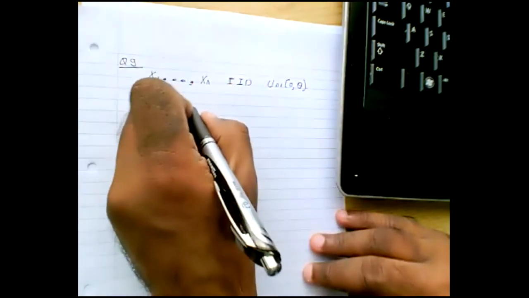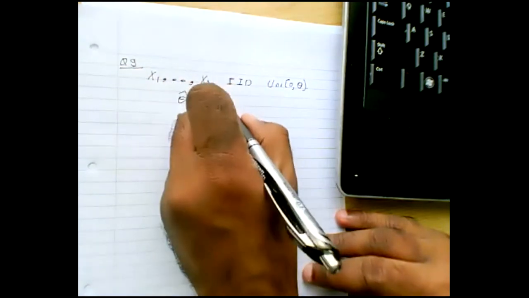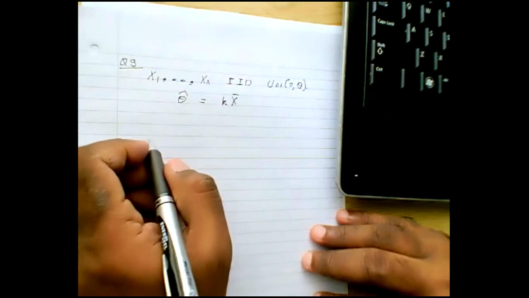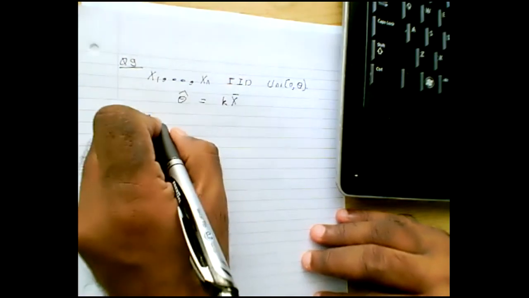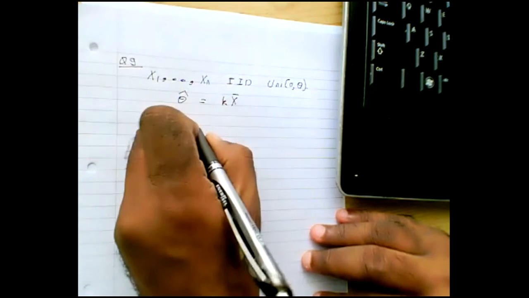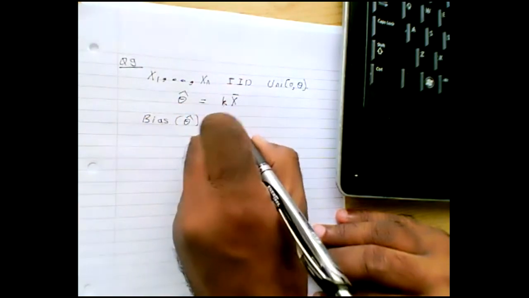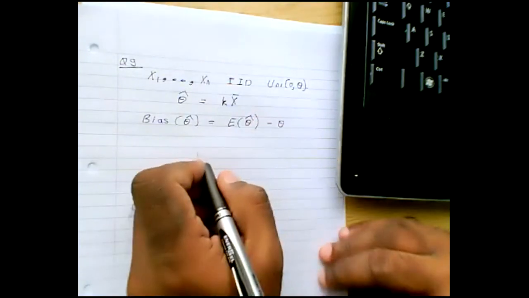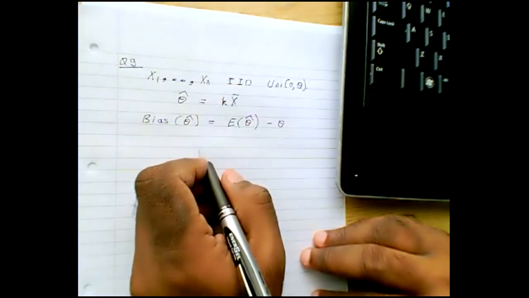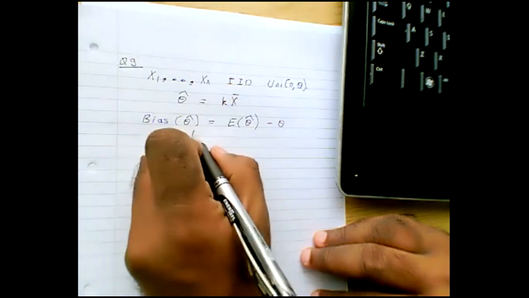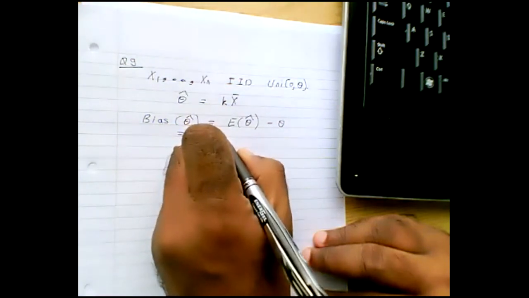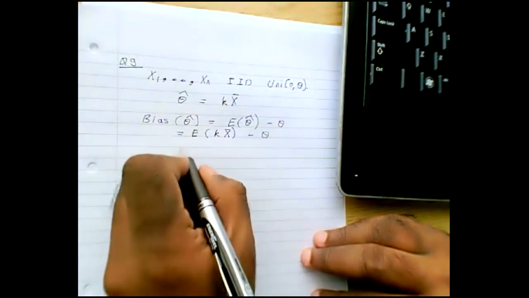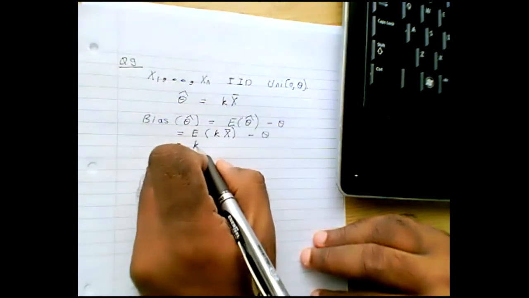All right, and you have the following estimator for theta, which is k times x bar. The first part is to find the bias. So the bias of theta hat, remember, is the expectation minus theta, by definition. So this is the expectation of k times x bar minus theta. K is a constant, so you can pull it outside.